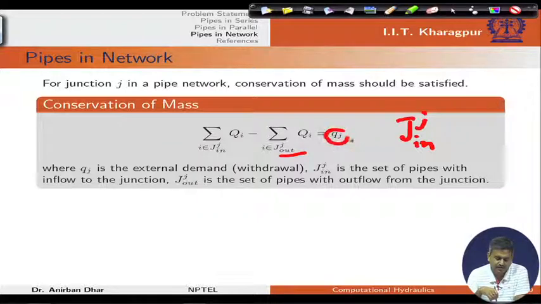And what is this small qj? qj is the demand from that node.